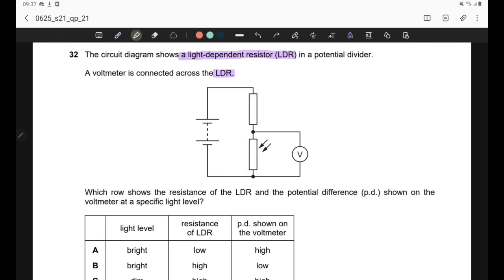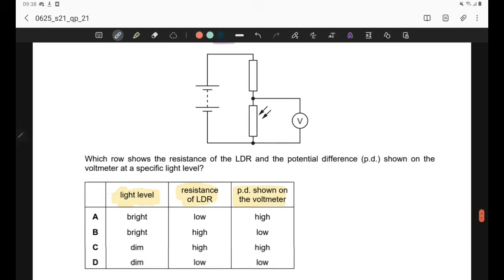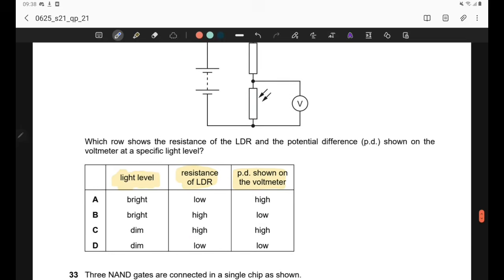One resistor is a light dependent resistor and there is a voltmeter connected across it. We need to check at different light levels what will happen to the resistance of the LDR and the reading on the voltmeter. Which row shows the correct answers?